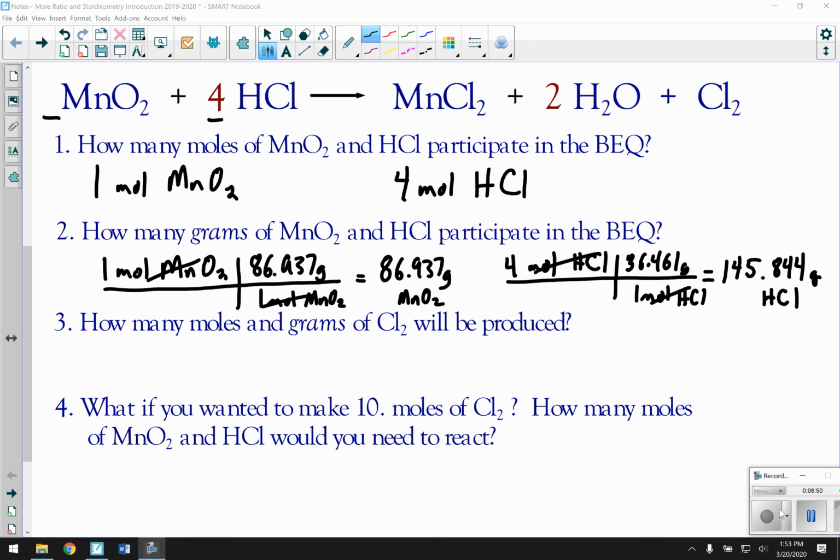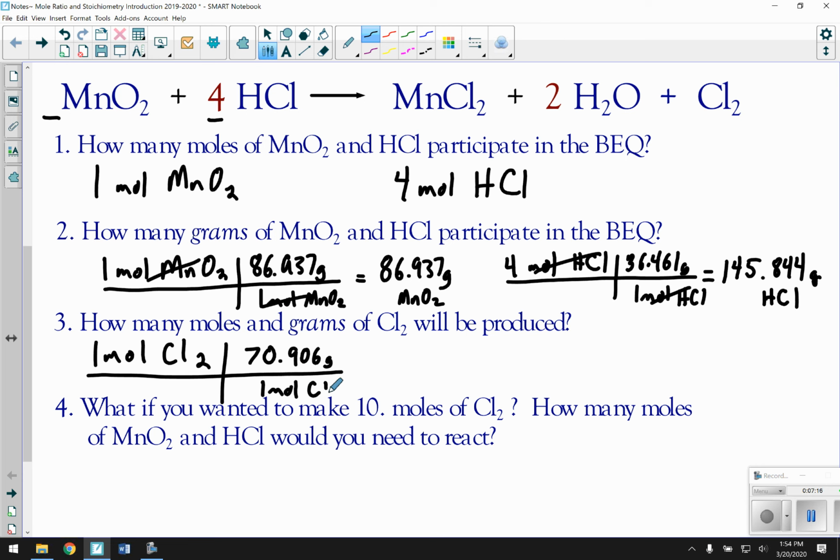How many moles and grams of Cl2 would be produced in this case? Well, 1 mole of Cl2. How many grams would that be? Again, we're going to multiply by the molar mass of Cl2. Add 2 chlorines together, and the molar mass would be 70.906 grams of chlorine per 1 mole of chlorine.